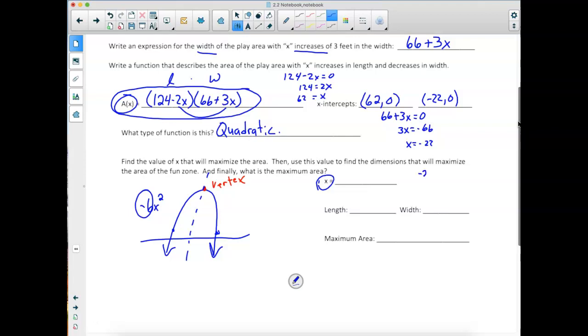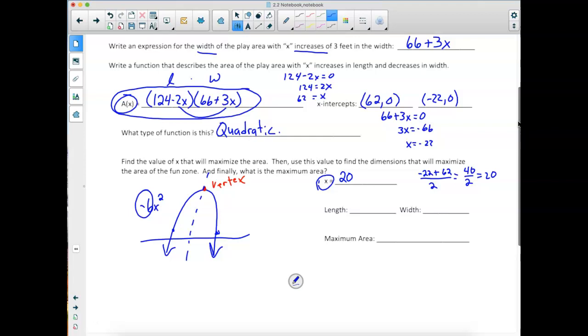We take x-intercept plus x-intercept. We're going to average those two. We get 40 over 2 equals 20. I'm going to decrease the length 20 times to get it to where I need it to maximize the area.